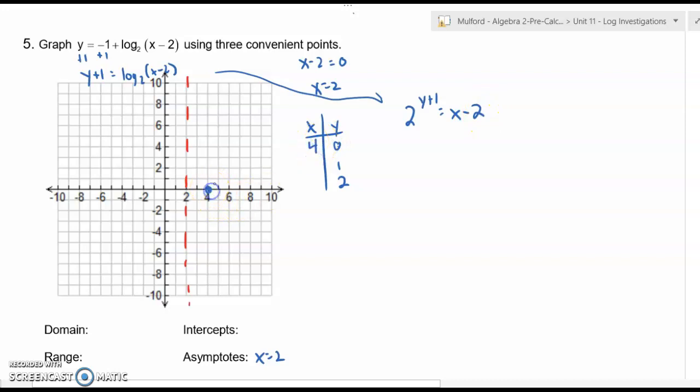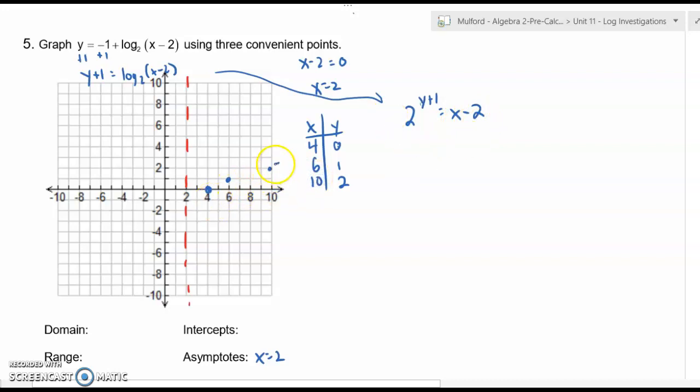So 4 comma 0 is a point. I'll plug in 1, so I'll have 2 to the second power, so that's 4, equals x minus 2, which is 6, 6 comma 1. And I'll plug in 2. 2 to the third power is 8, equals x minus 2, so x is 10.